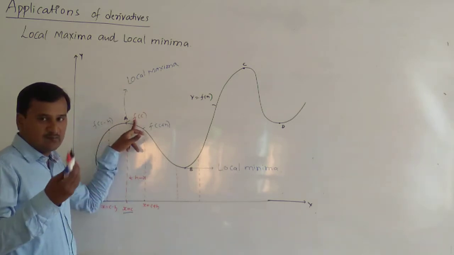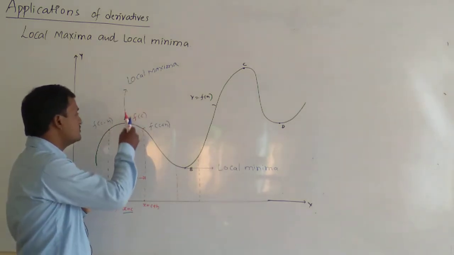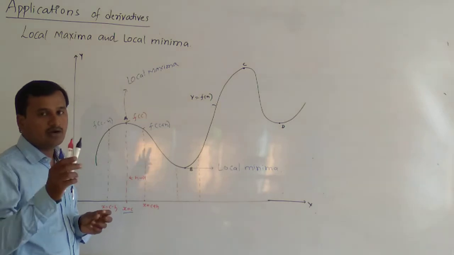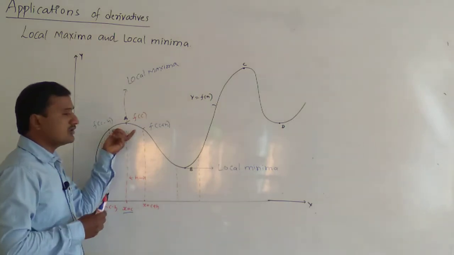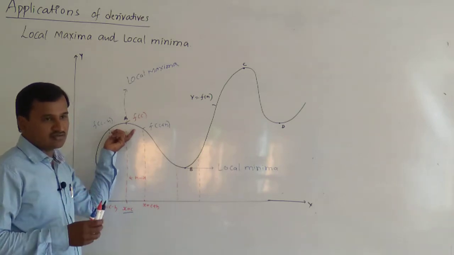Since f of C is the maximum, this point is called a local maxima of the function, right?